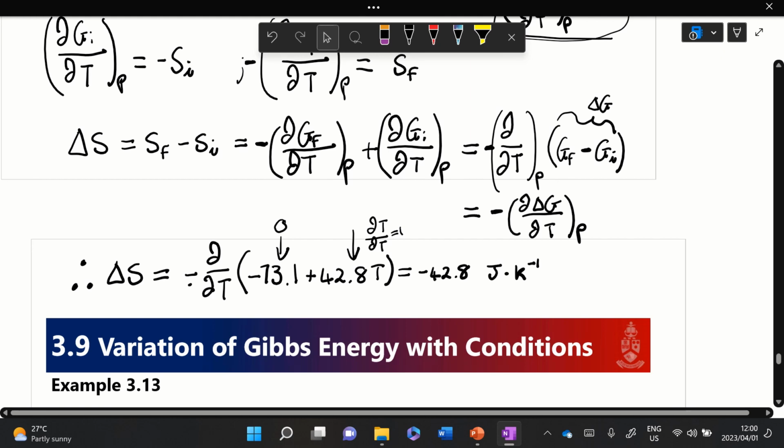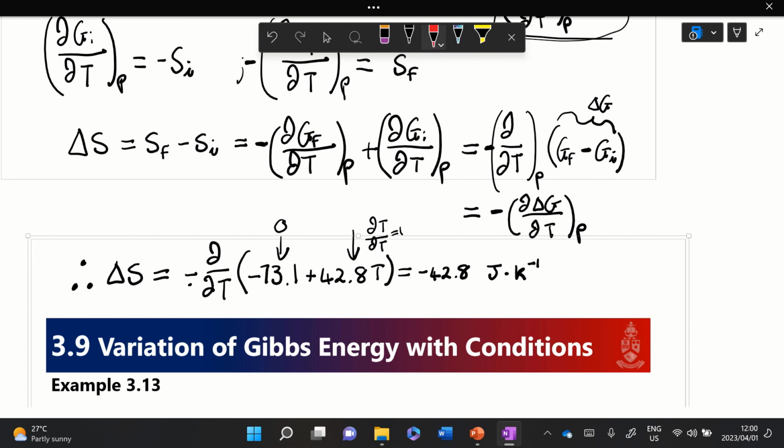And then lastly, remembering your unit is very important, because you've done a lot of math and then you just chuck the unit away at the end. It's a very nice example. I quite like this one. I hope this made a lot of sense.